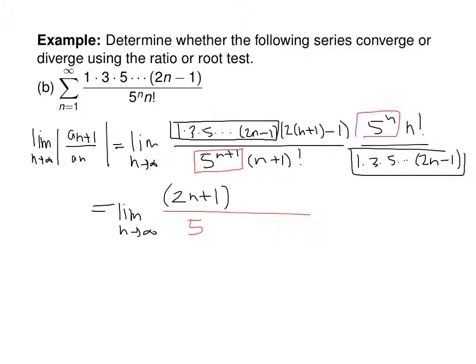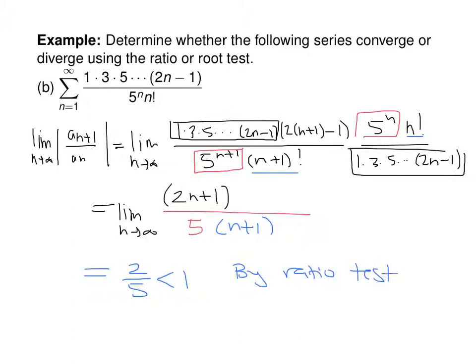And then the n factorial over n plus 1 factorial will leave an n plus 1 in the denominator. So this limit is equal to 2/5, which is less than 1. So by the ratio test, this series converges absolutely.